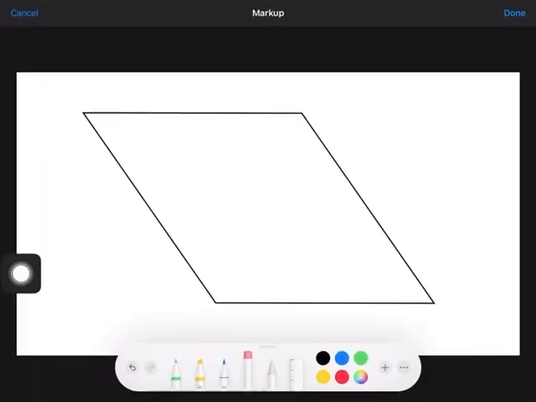So here we have a basic parallelogram. I want to go over a couple of shapes and markings that you will see. If I see a line like this and a line like this, that means those two lines are equal. With this one, each pair is equal, so I'm going to draw two marks over here and two over here.